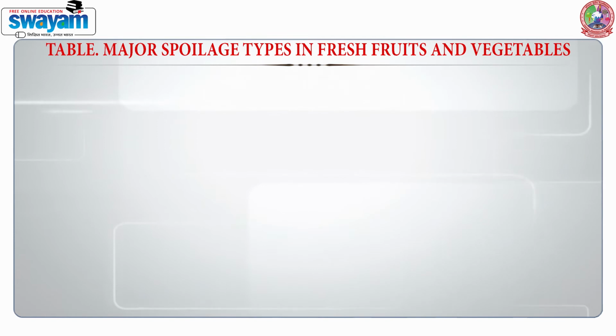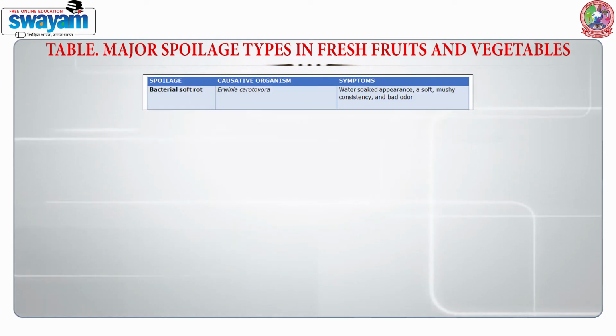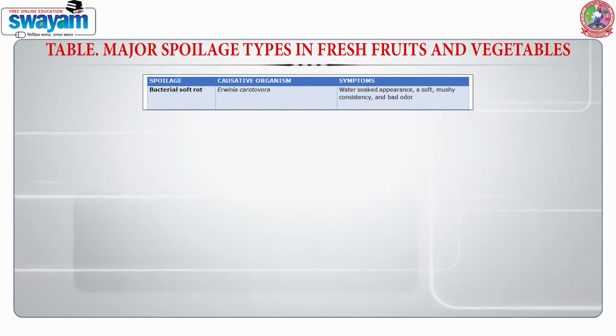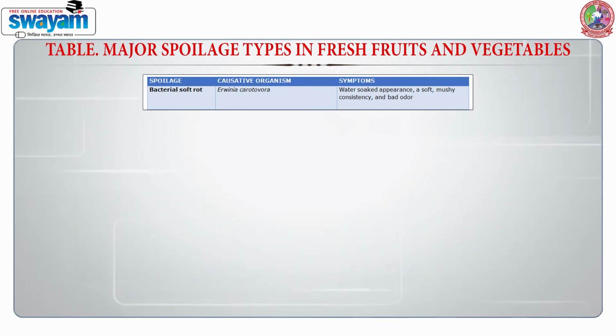Now, let us understand about the major spoilage types in fresh fruits and vegetables. The first group is bacterial soft rot, which is caused by Erwinia carotovora, and the spoiled food article will show a water soaked appearance, soft, mushy consistency and bad odor.